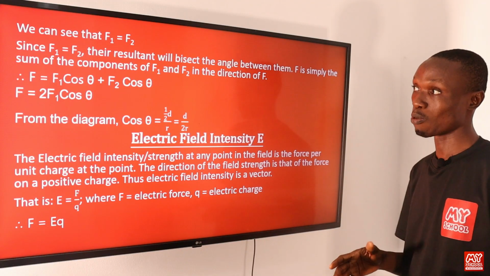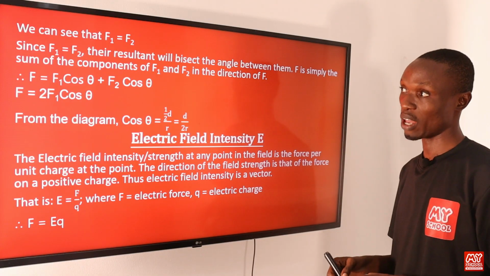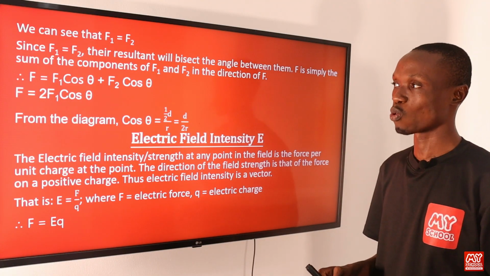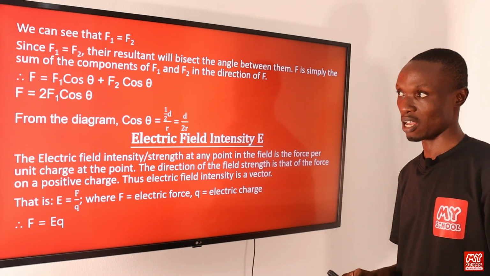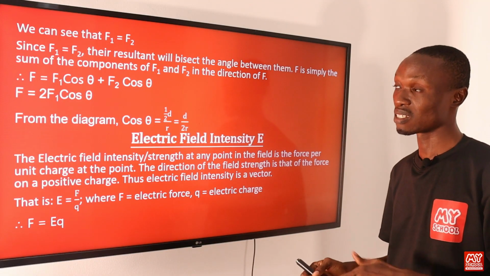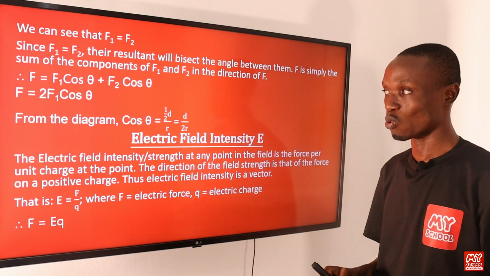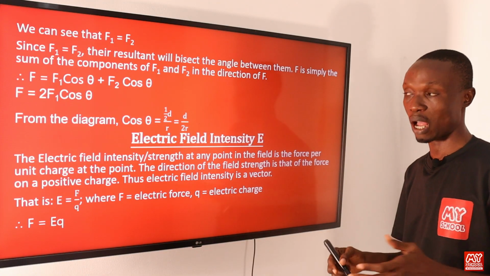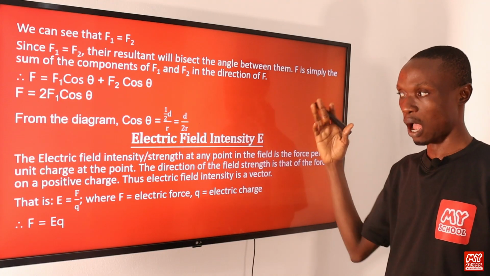F is simply the sum of the components of F1 and F2 in the direction of F. So F is equal to F1 cos theta plus F2 cos theta, so that F is equal to 2 F1 cos theta, since F1 is equal to F2. Also from the diagram, cos theta is equal to 1 over 2 D all over r, and this is equal to D all over 2 r.